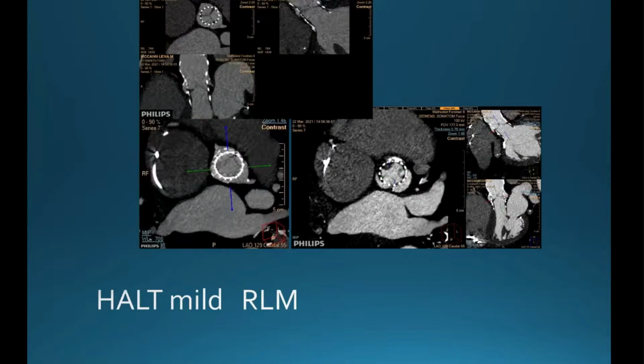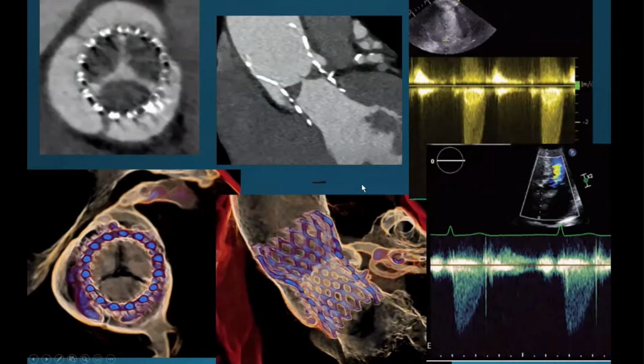This is just an example of some mild, maybe a little bit mild to moderate. And obviously, you don't want to have this severe, involving all three leaflets. Believe it or not, this patient had some heart failure symptoms, and after heparin infusion and oral anticoagulation, the gradient improved significantly.